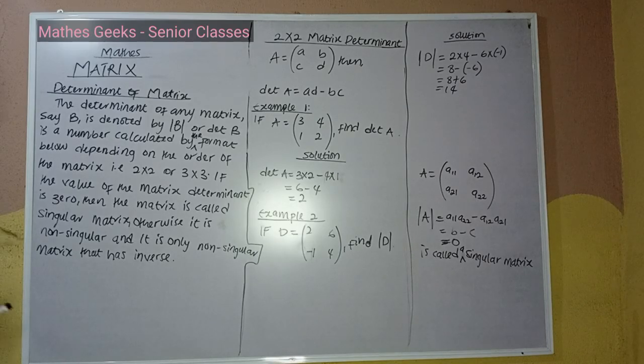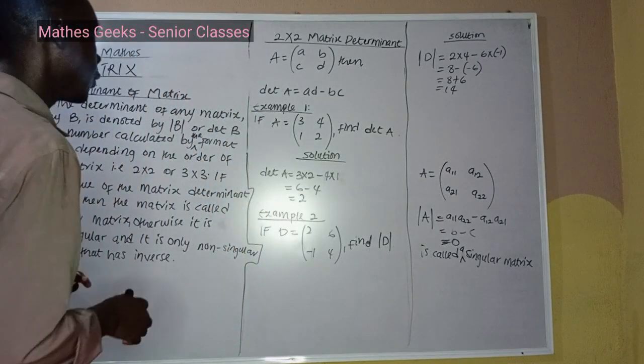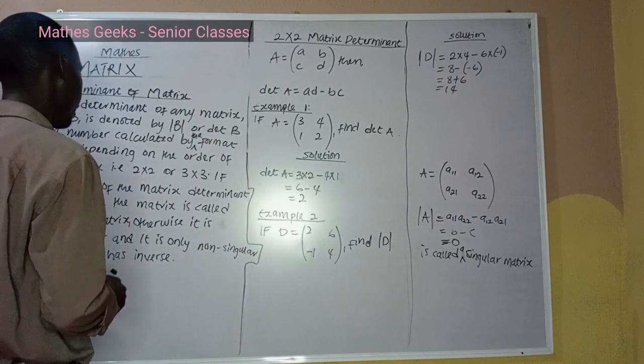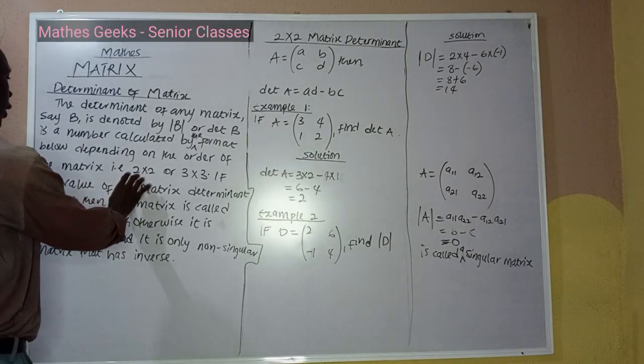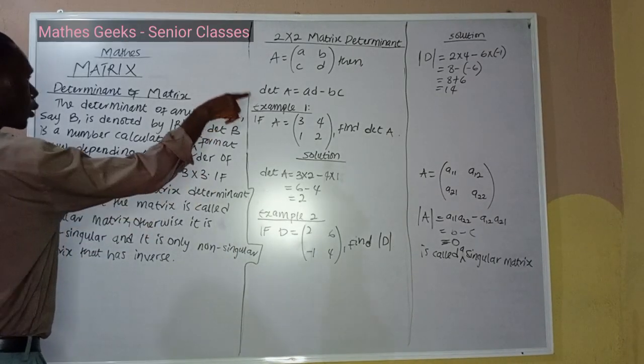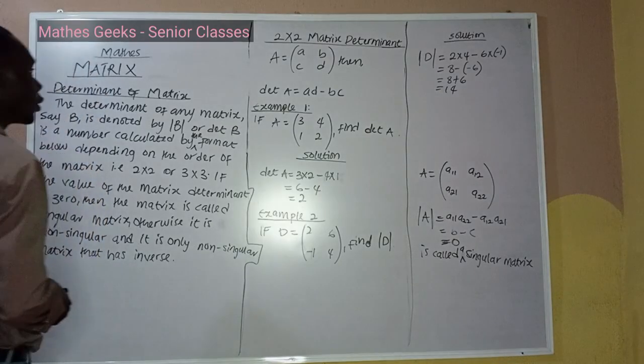So let's look at 2 by 2 matrix determinants. We have 2 by 2 matrix determinants and 3 by 3 matrix determinants. As you can see here, it all depends on the order, whether 2 by 2 or 3 by 3. But we're going to start off with 2 by 2 matrix determinants.